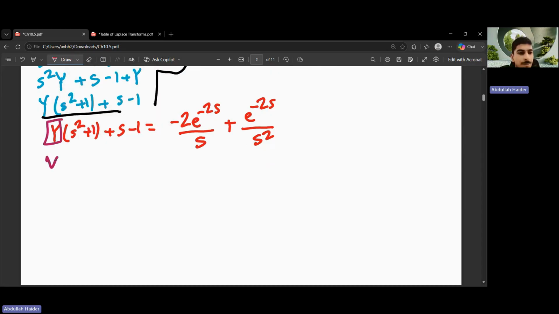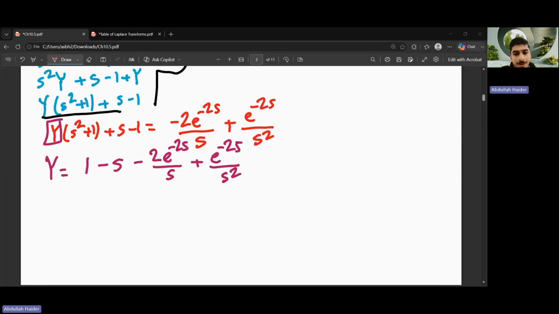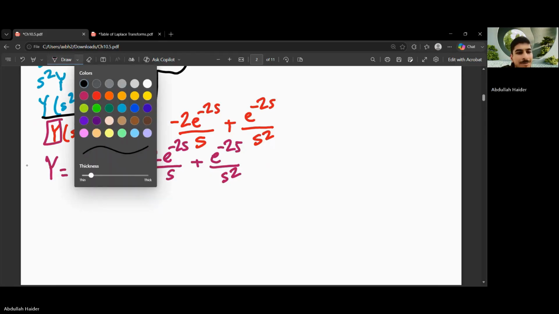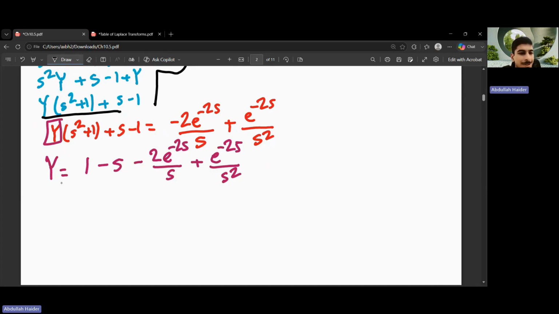So what I can do is simply Y equals, I take this to the right side, 1 minus s, minus 2e power minus 2s over s plus e power minus 2s over s squared, and divide everything by s squared plus 1. I think it's better to factor e power minus 2s.